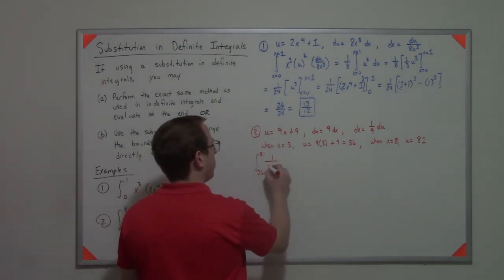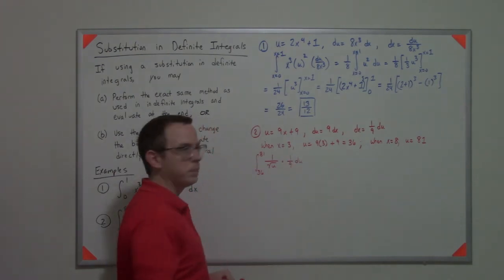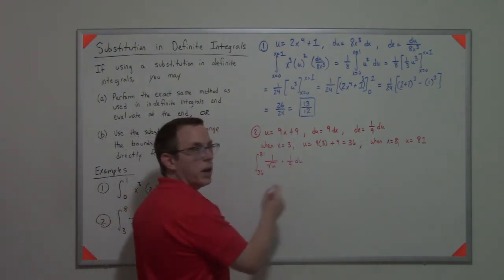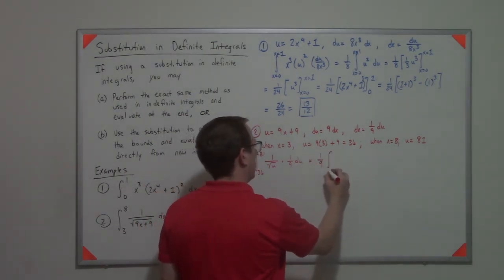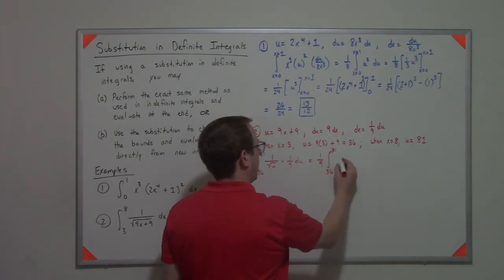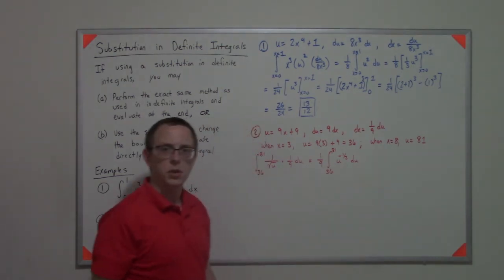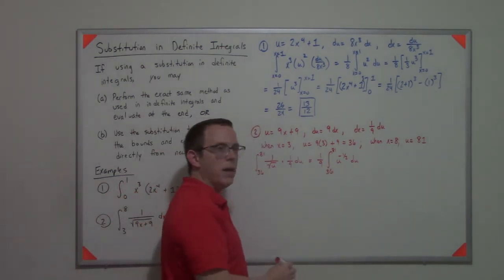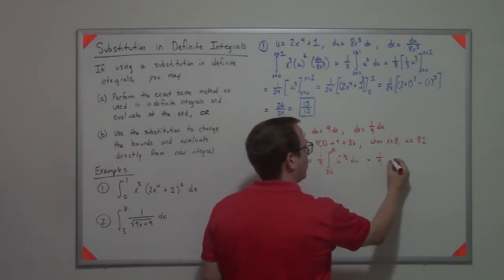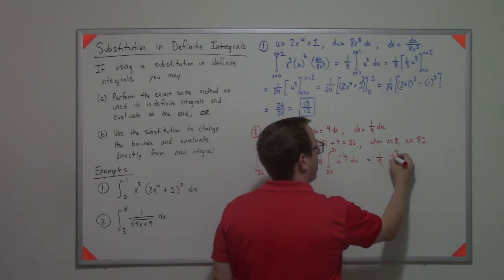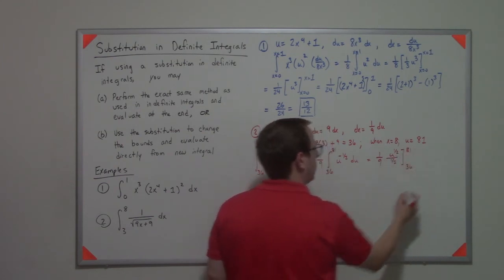So I have 1 over the square root of u times 1/9 du. I can pull out the 1/9 and rewrite this as u to the negative 1/2 du. And then when I integrate, I get 1/9 u to the 1/2 over 1/2 from 36 to 81.